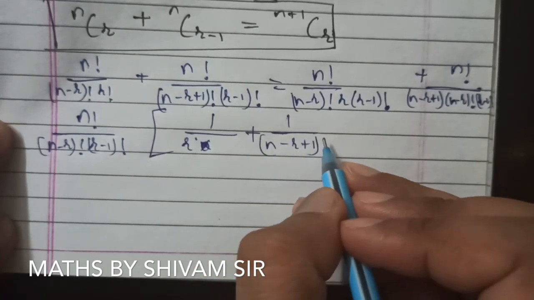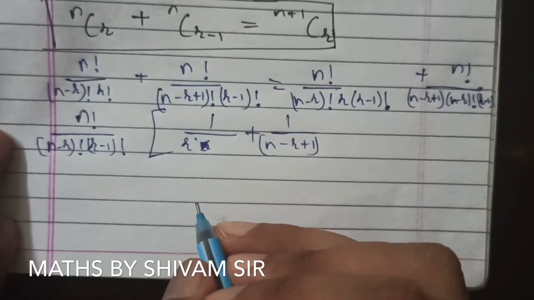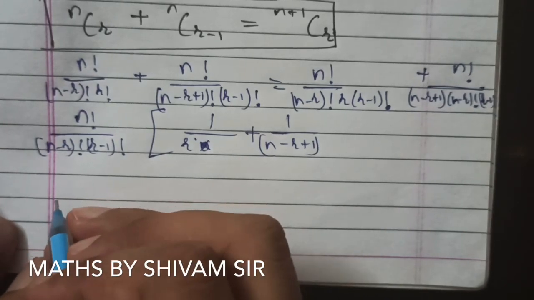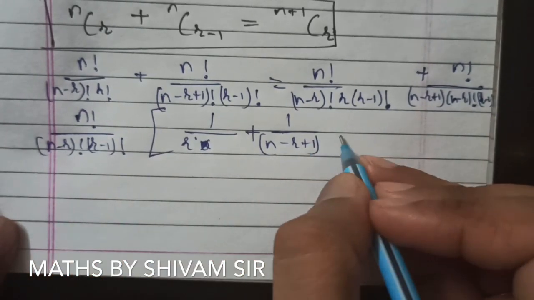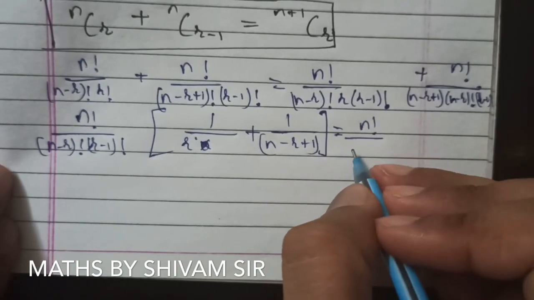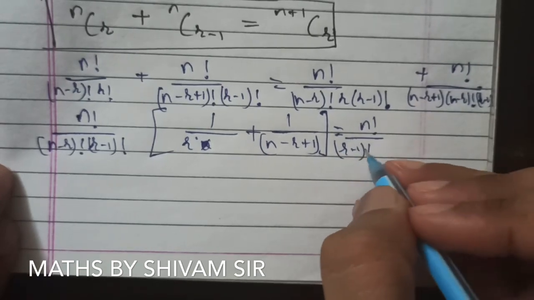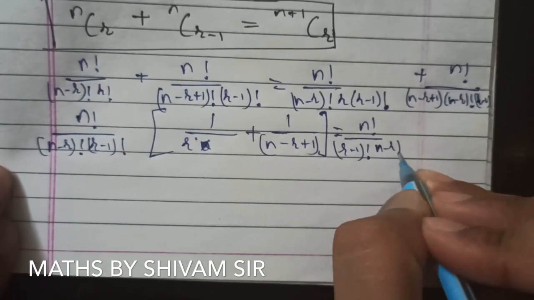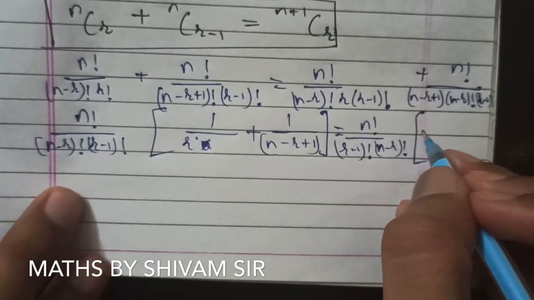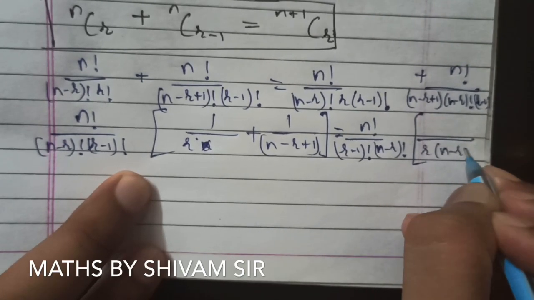So let's take the LCM. The LCM will be r multiplied by (n minus r plus 1).